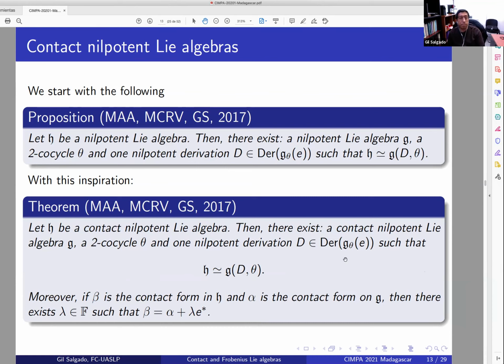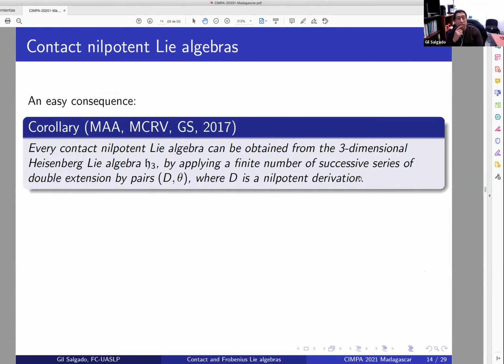And well, as an easy consequence, this theorem says that any contact nilpotent Lie algebra can be obtained from the three-dimensional Heisenberg Lie algebra H3 by applying a finite number of successive double extensions by pairs (d, theta), where d is a nilpotent derivation.